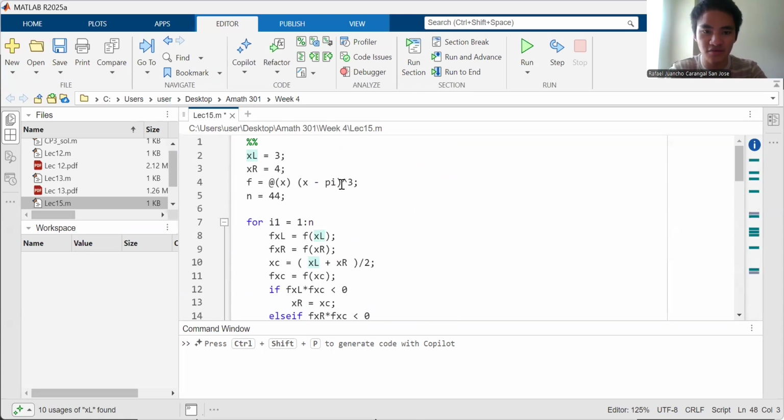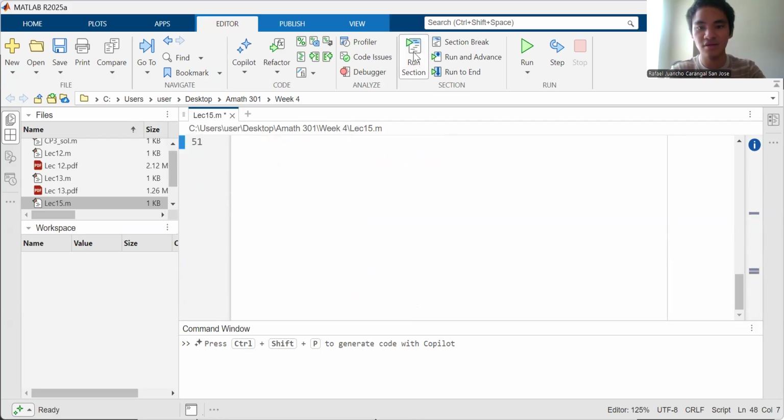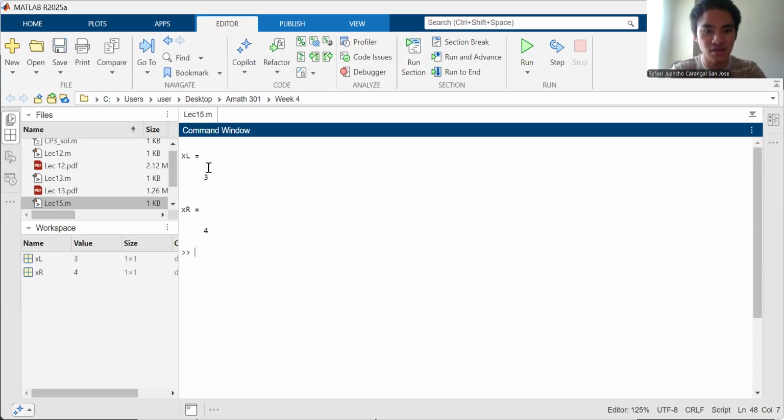I'll just go with 3 and 4. It doesn't really matter. Then I can run the section so that you guys can see. There it is. XL is 3, XR is 4.